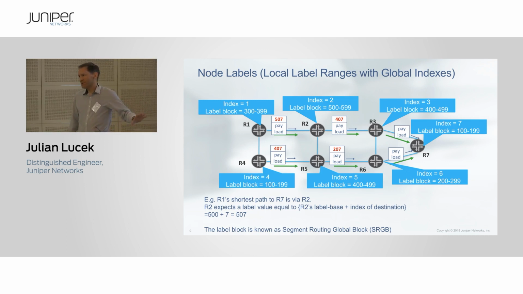The IGP, which you always need, is distributing these pieces of information, the label ranges and the indices, and so you don't need to use LDP at all. Also, it gets you away from having to deal with LDP IGP sync, which people normally need to turn on. Remote LFA is cleaner in the Spring segment routing case compared to LDP, which we'll see in a minute.